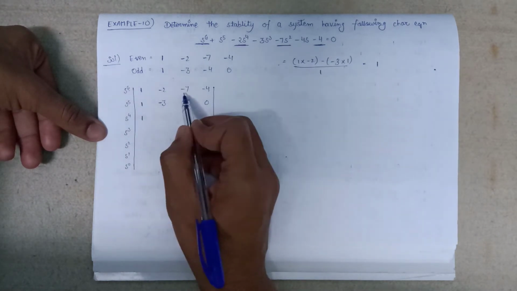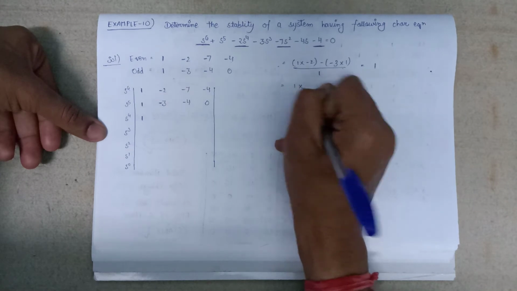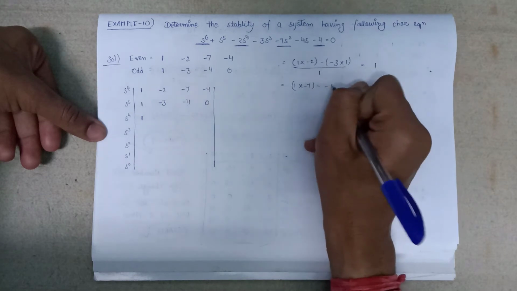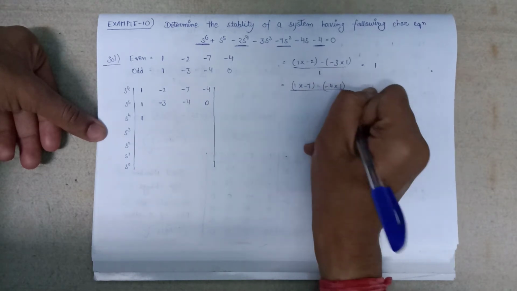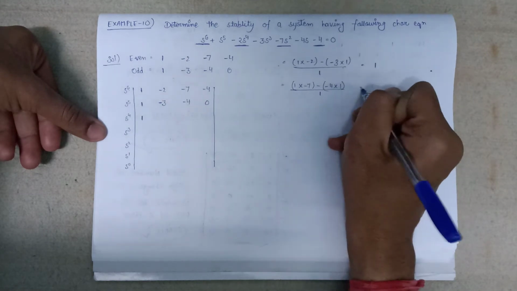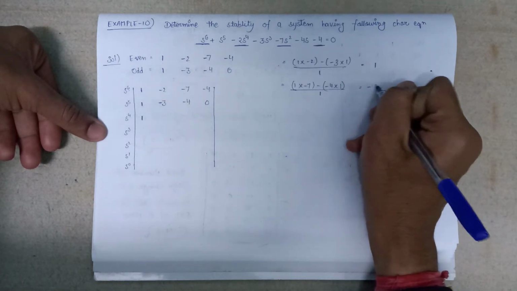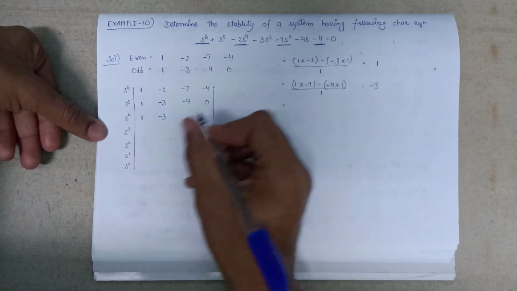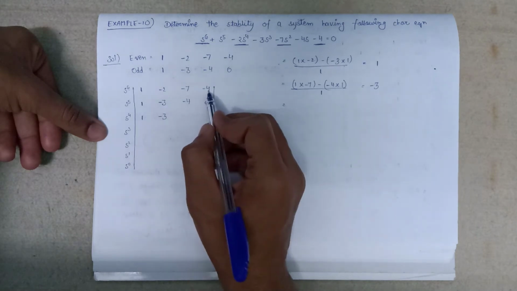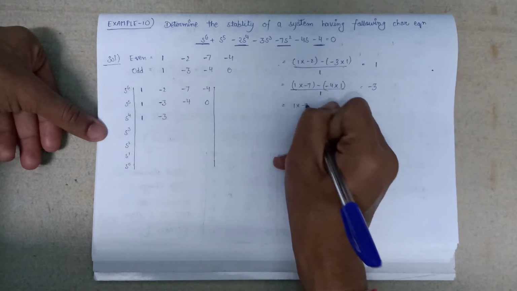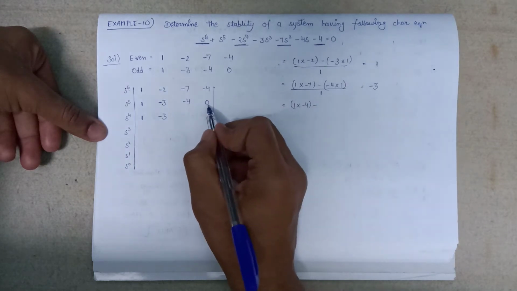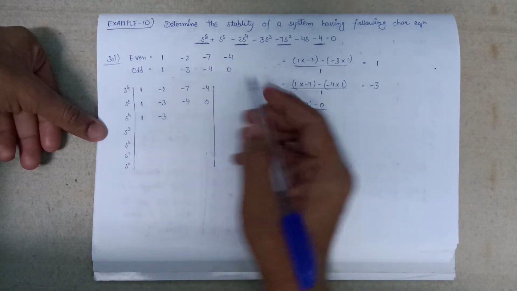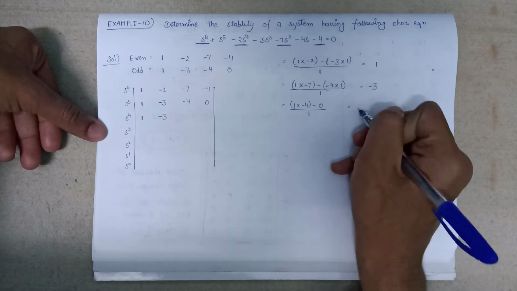After that, 1 multiplied with -7 minus -4 multiplied with 1, the whole output divided by 1, gives -3. Then 1 multiplied with -4 and 0 multiplied with 1 gives 0 here, and dividing by 1 we simply get -4.